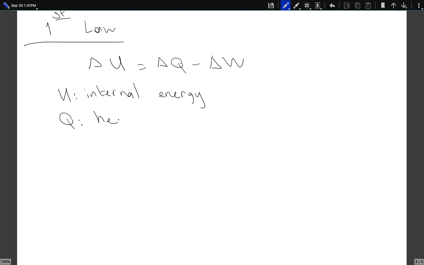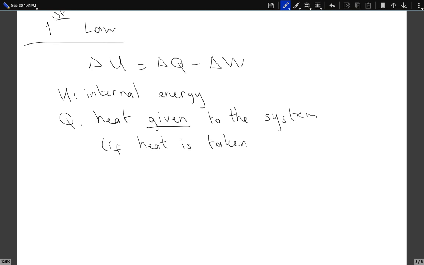Q is the heat given to the system. If heat is taken away from the system, it just means that delta Q is less than 0.